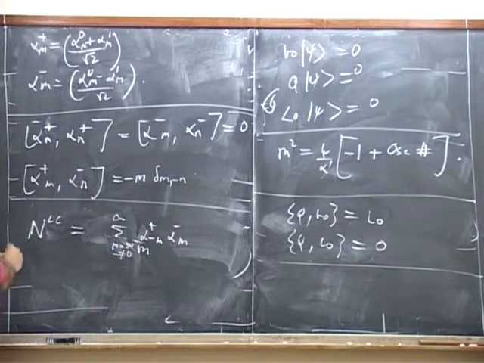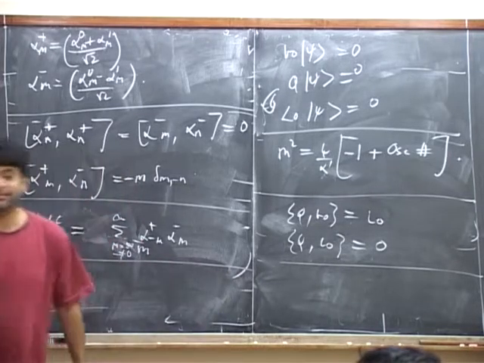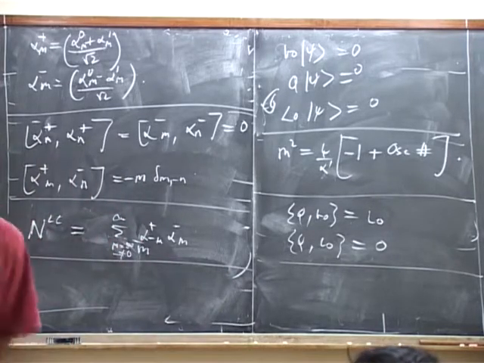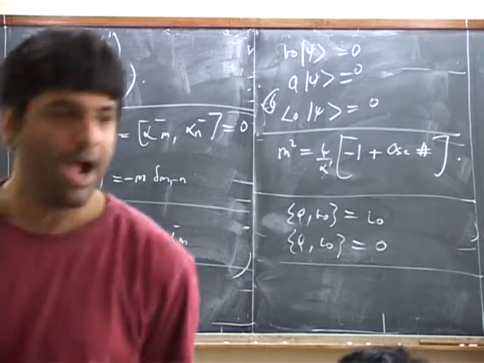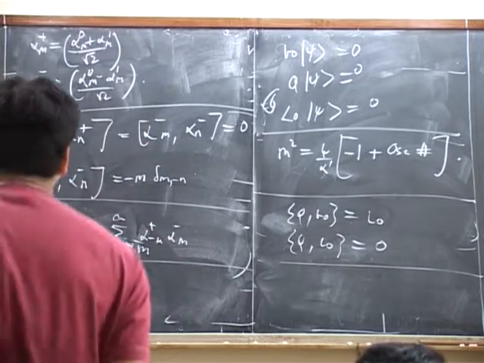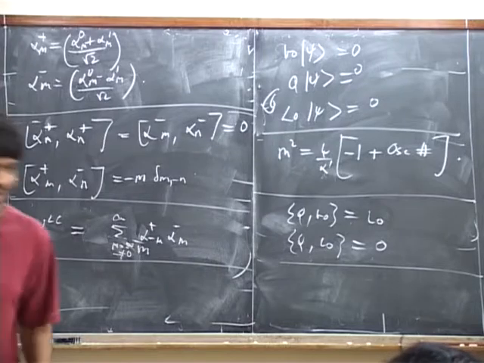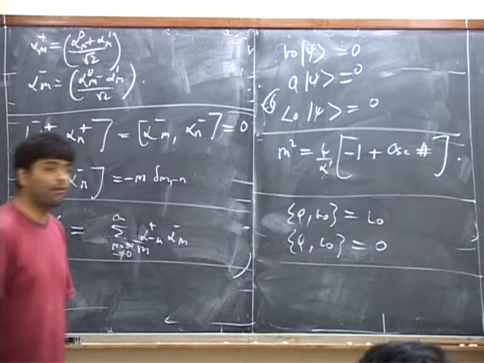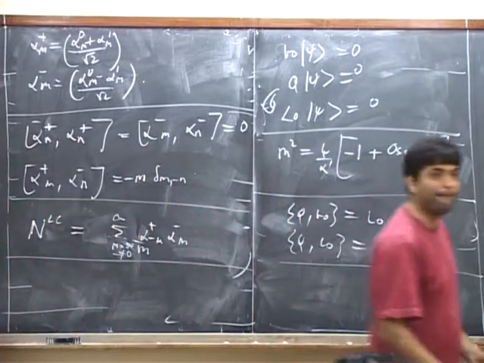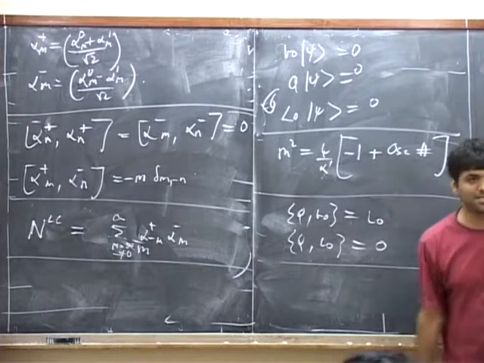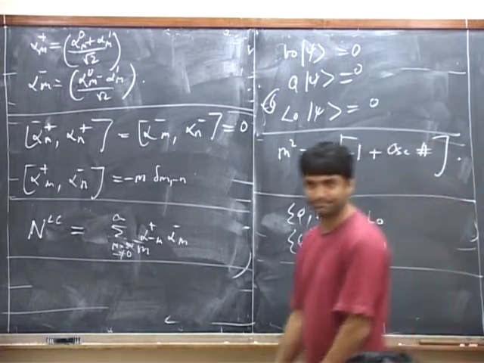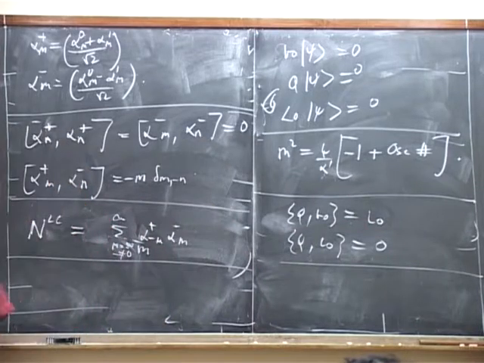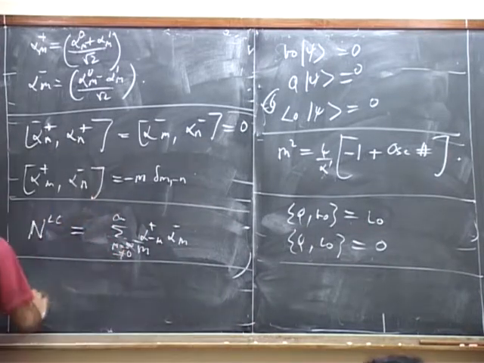Now, before proceeding, let's give a physical interpretation to this NLC operator. I want to claim that this NLC operator, acting on a state, counts the number of minus excitations minus the number of plus excitations in that state. Let's see this at work in a simple example.